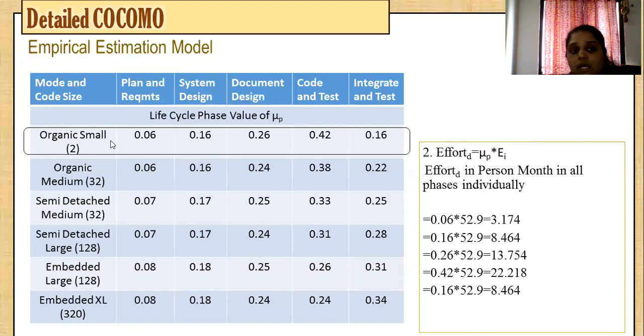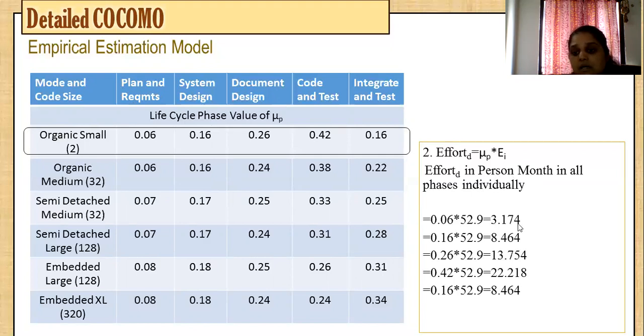So during your organic small COCOMO model, your planning and requirement is having an effort of 0.06. So 0.06 into total intermediate COCOMO effort. Product of these both will be 3.174 person month. So if you want to complete planning and requirement of this process, this much effort is going to be needed.